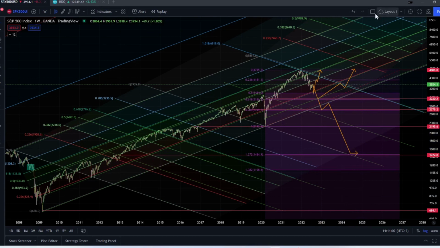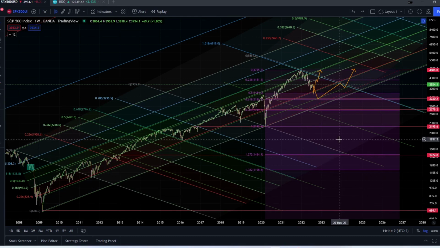Okay, that is for now a scenario that we shouldn't consider unless we lose these two layers of intermediary support before we reach that line.